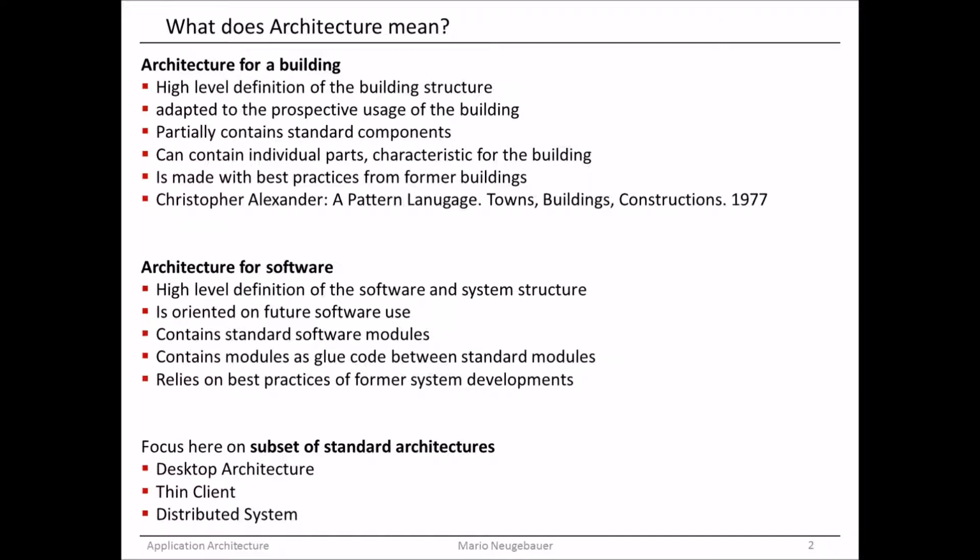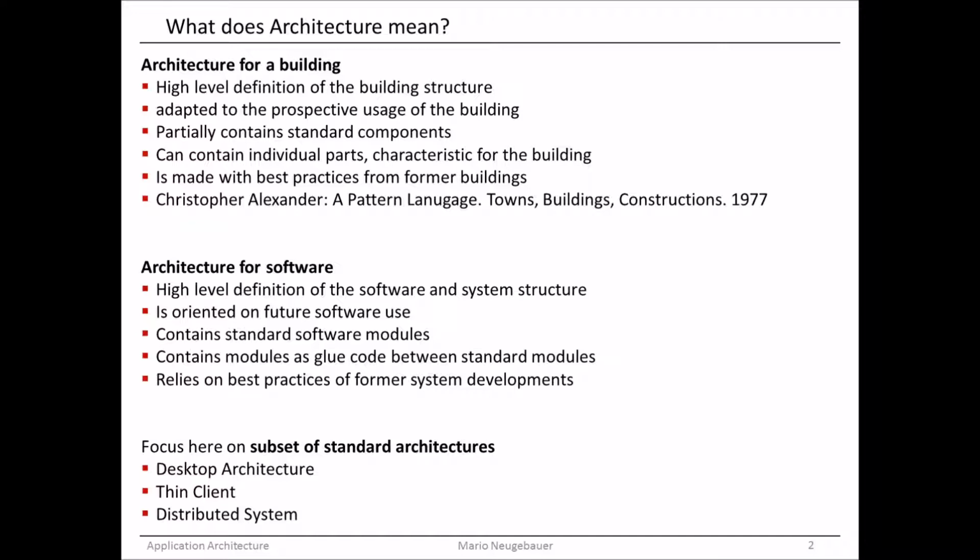Now, how about the architecture for software? Software architecture, almost the same as architecture for buildings, is a kind of high-level definition of the software and the system structure. It's not the detailed definition of each stone which should be put together. And also, like the architecture for a building, the architecture for the software is focused on the future use of the software. So it's not focused on anything else, it's focused on the software use. As well as the architecture for a building, it contains standard software modules.